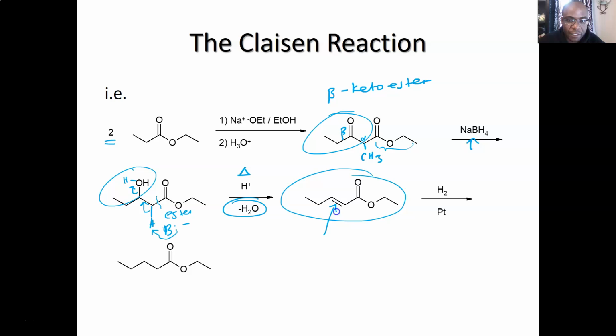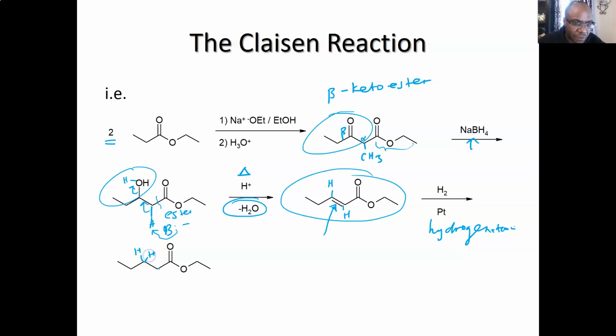And the double bond there can further be reduced by hydrogenation to get a single bond. See, you have 2 hydrogens here, you're gonna end up with 4 of them.